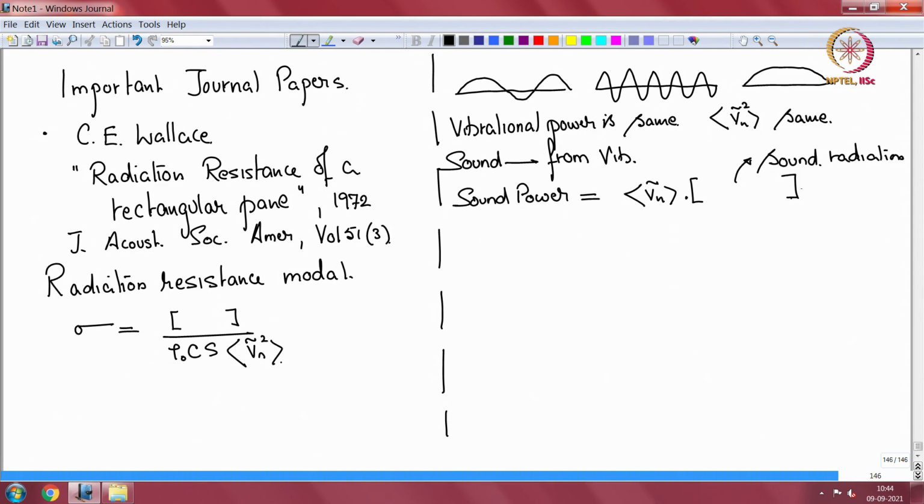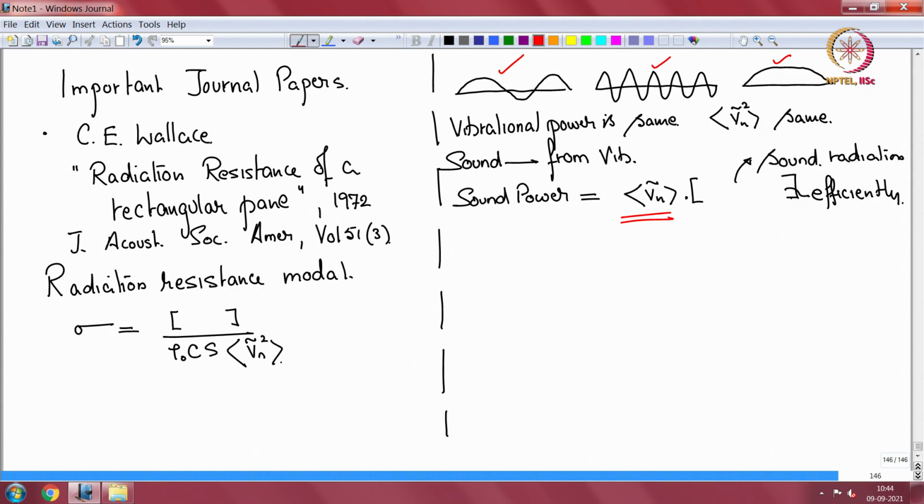That means this carries the efficiency effect, how efficiently the radiator radiates. So it will be different for a different radiator, different now for this case, this case, this case, even though this term is common.